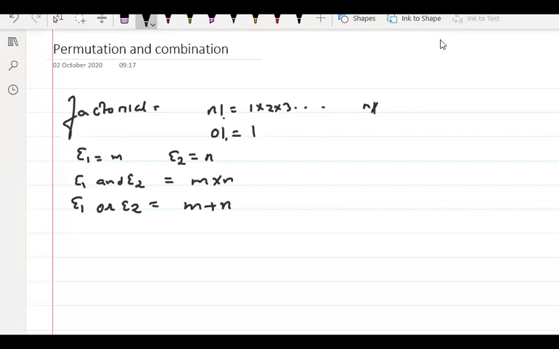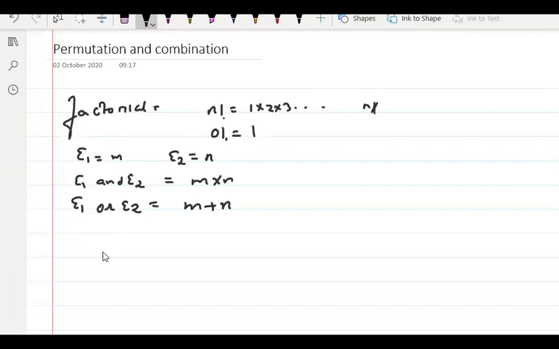Okay, now tell me, now is it fine? Okay, so yes, this is the fundamental principle of counting, right?